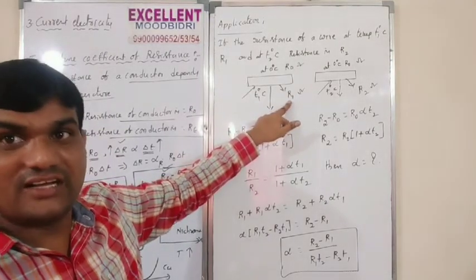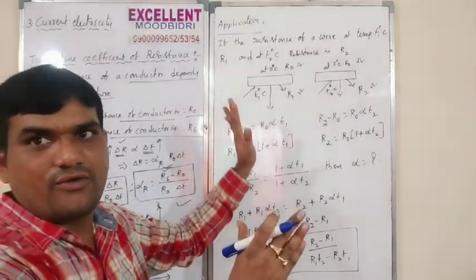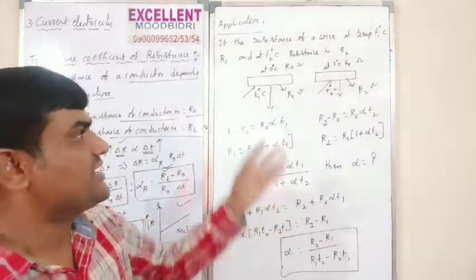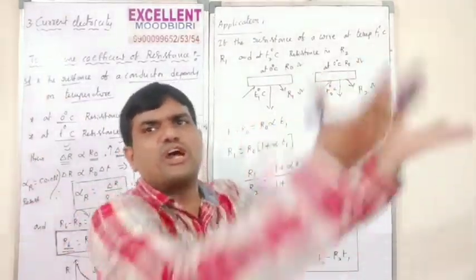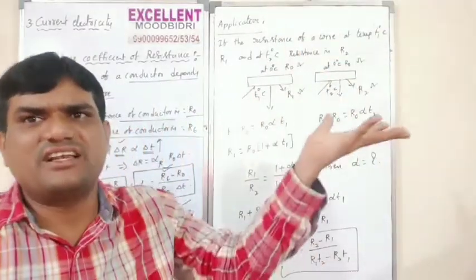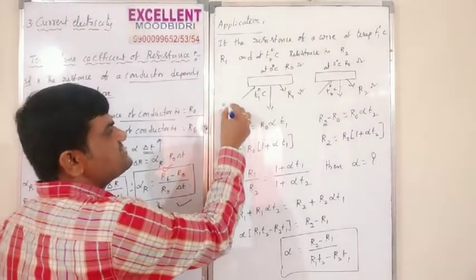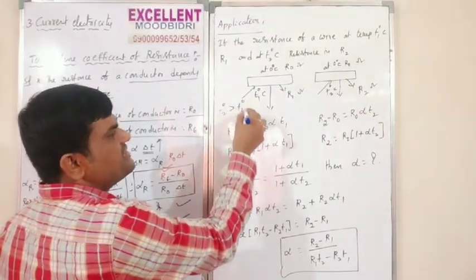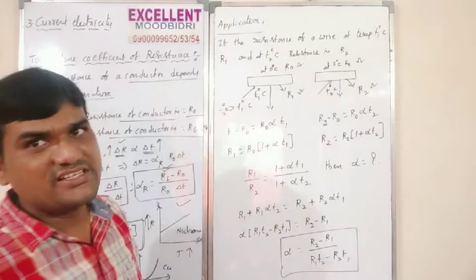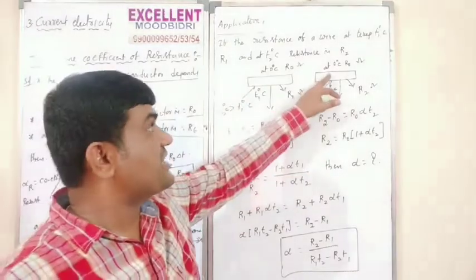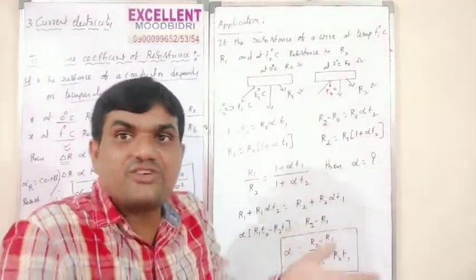Okay, that is case 1. Next, case 2. Again, I have applied more temperature, increased to T2 degrees Celsius, meaning T2 is greater than T1. So in that case, its resistance also increases, right?